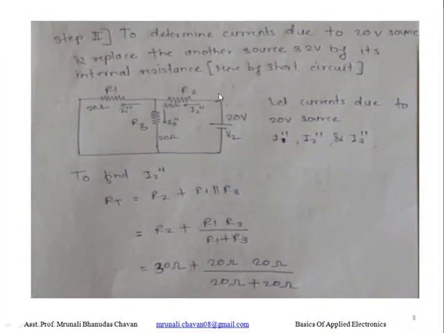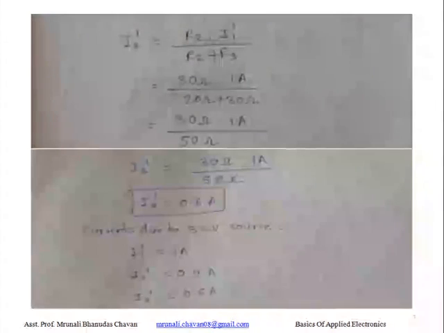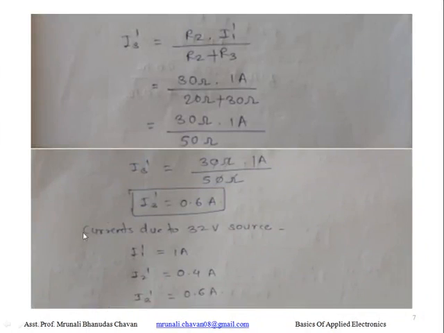Now similarly, in step 2 we have to find the currents due to the 20 volt source. Here we got the currents due to the 32 volt source: 1 ampere, 0.4 ampere and 0.6 ampere respectively.